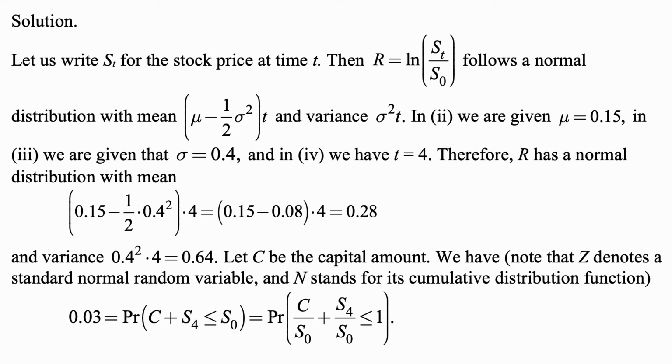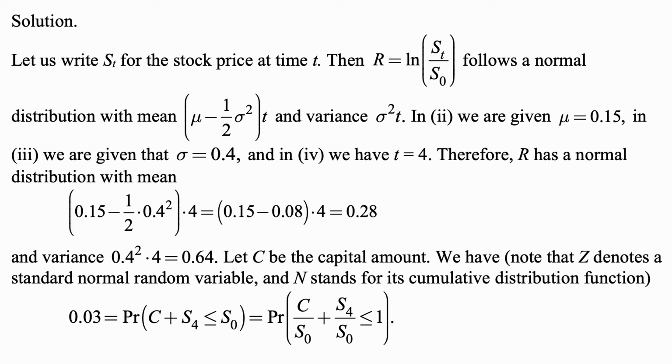Let us write C for the capital amount. In what follows, we'll use Z for a standard normal random variable and N for its cumulative distribution function. So we are given that 0.03 is equal to the probability that C, the capital, plus S sub 4 is less than or equal to S0.